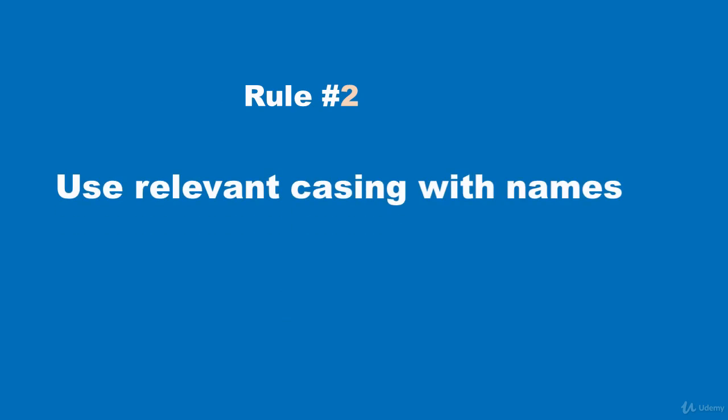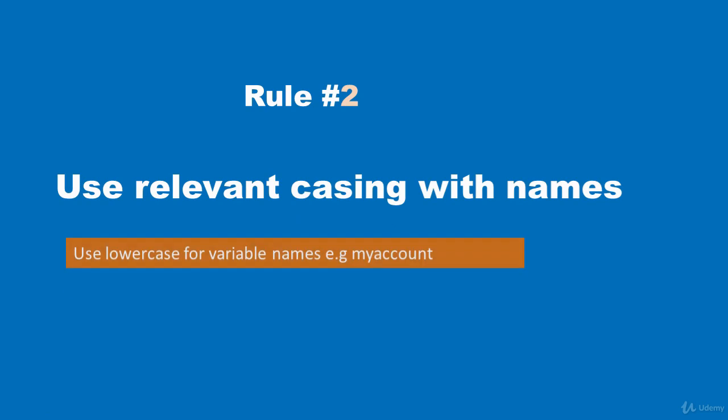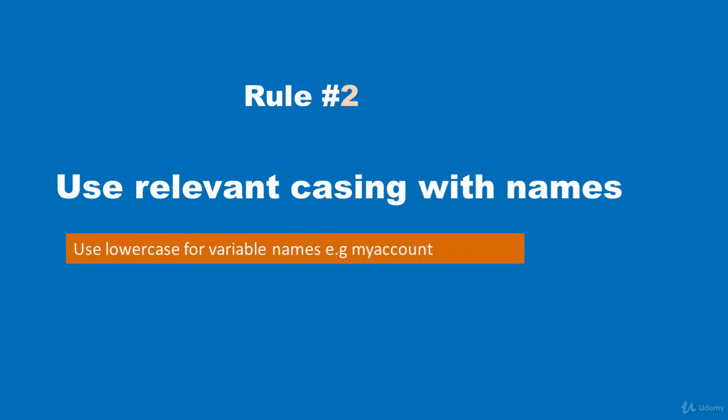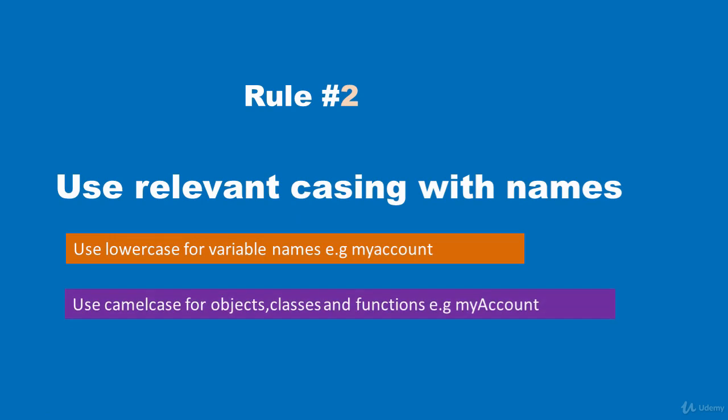Rule number 2. Use relevant casing with names. Use lowercase for variable names, e.g. my account. Use camel case for objects, classes, and functions, e.g. my account.